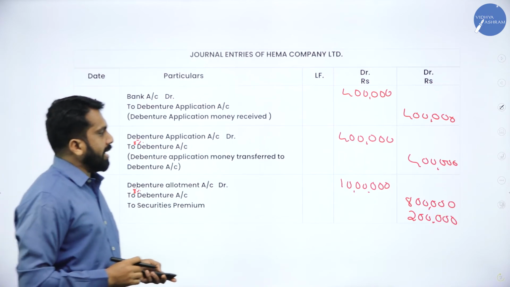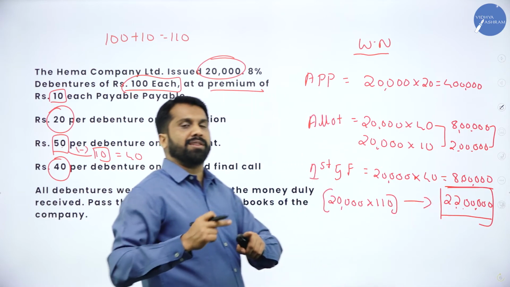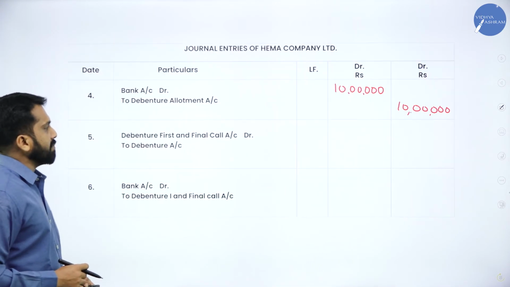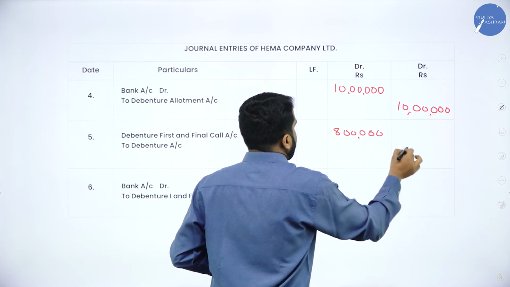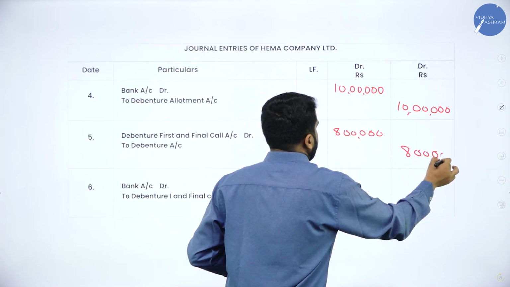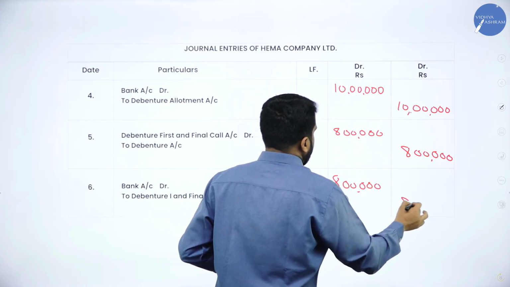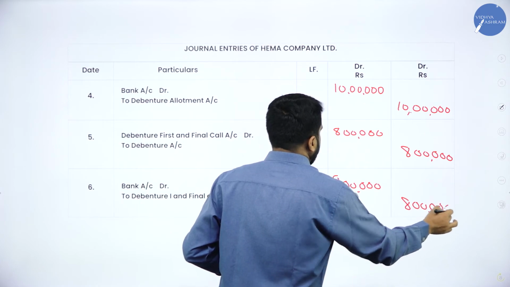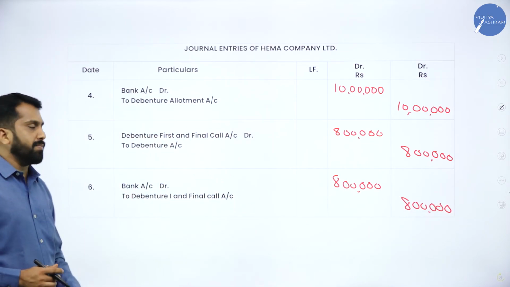As per our calculation, your first and final call is how much? 8 lakh. We'll go for 8 lakh. Your first and final call, 8 lakh and 8 lakh. So this is your 6 marks problem.